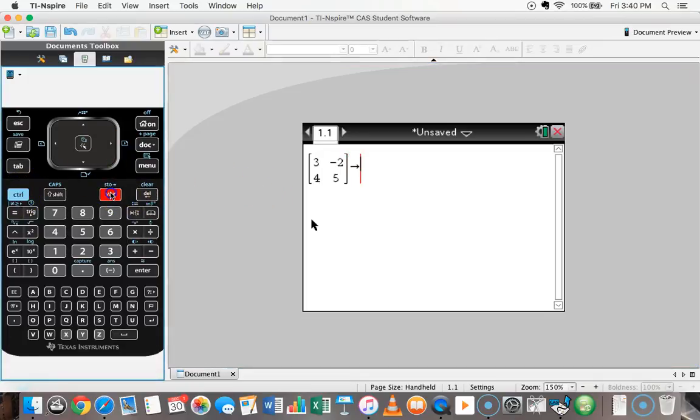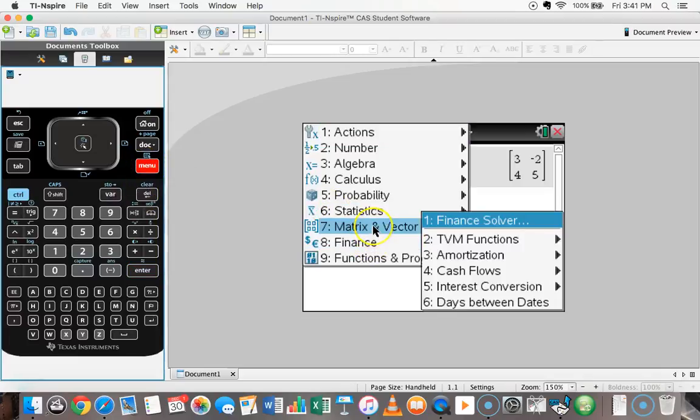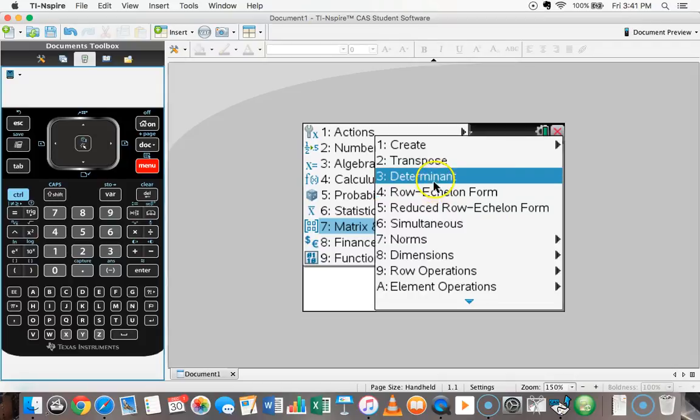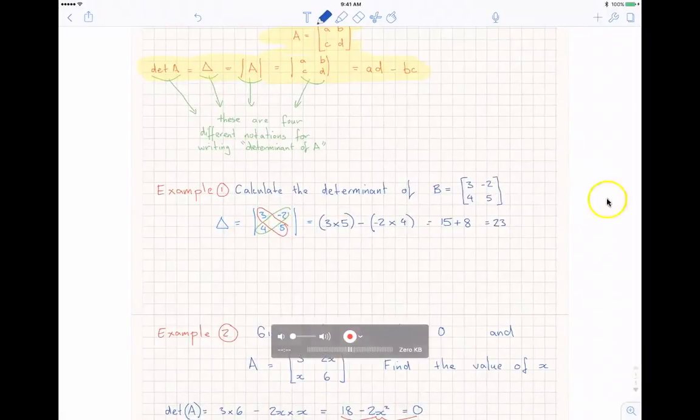Control store, we'll call it A. Now if we want to find the determinant, if we go to menu, there is a matrix menu, and you'll see there that one of the options is to calculate the determinant. So we can calculate the determinant of A, press enter, and it'll tell us it's 23, which is what we worked out here.